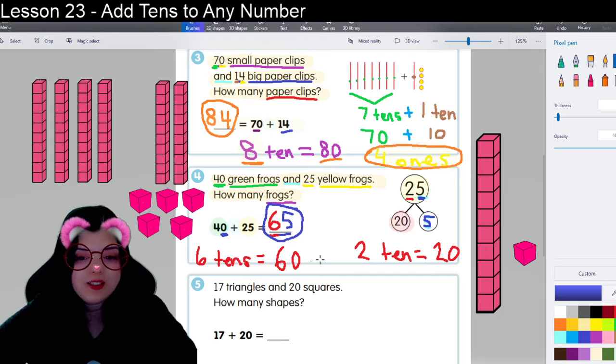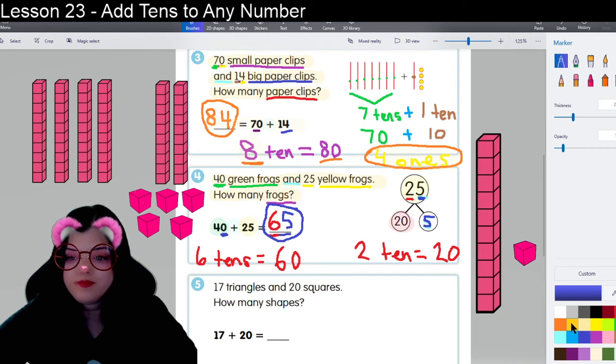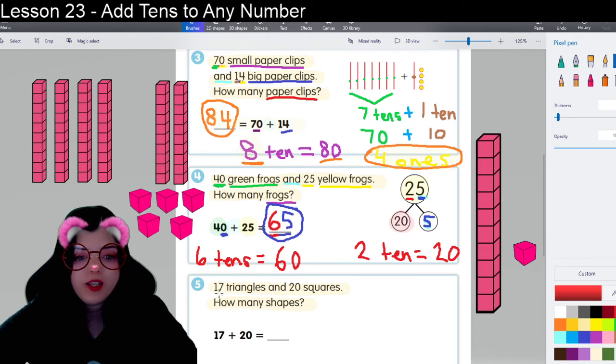Now let's look at the next question. It says 17 triangles and 20 squares. How many shapes? 17 is our number. Triangles is the object.